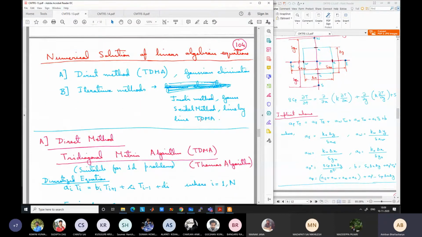These two we are going to study starting from today, and this is applicable for any problem where you get this type of set of equations.